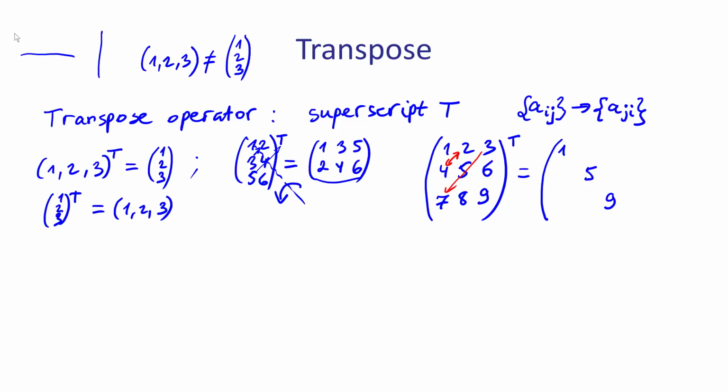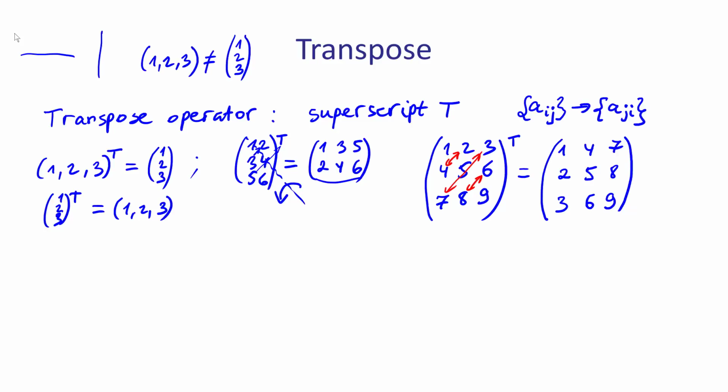Number 3 will exchange with this number. Those numbers also will exchange. And what we get is basically 1, 4, 7, 2, 5, 8, and then the last row is 3, 6, and 9. This is how you make transpose of the matrix.